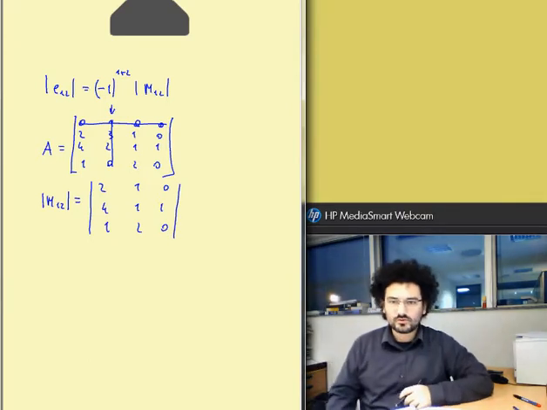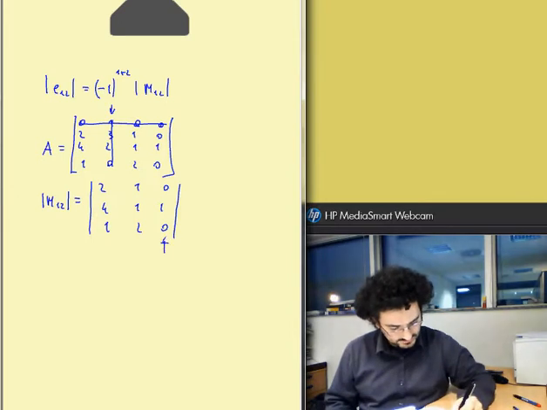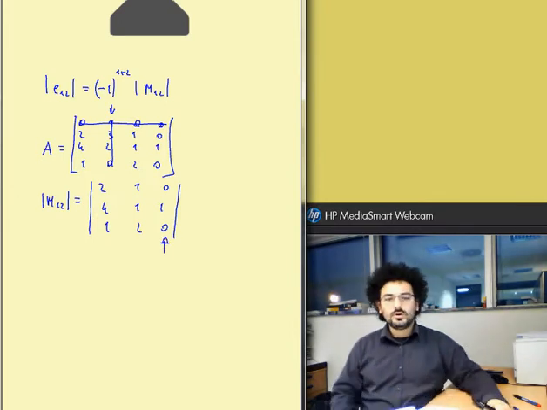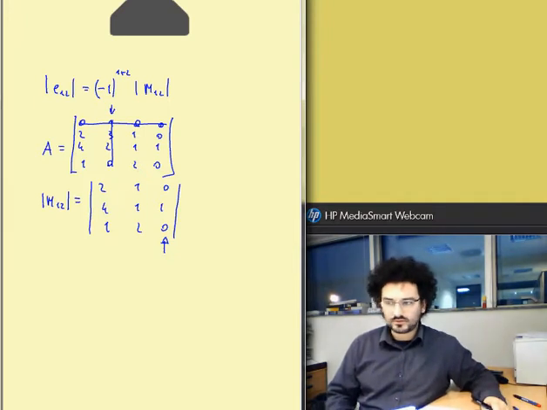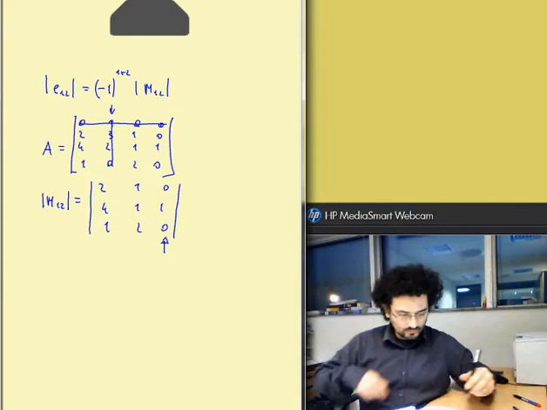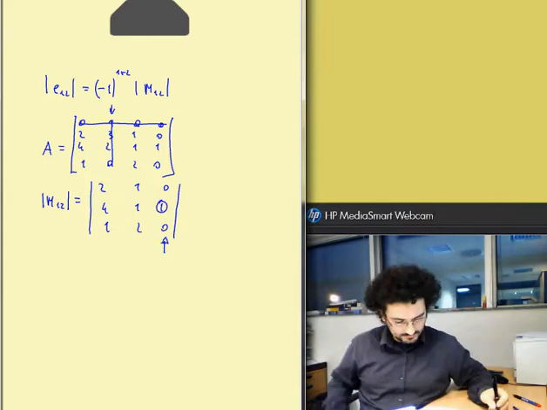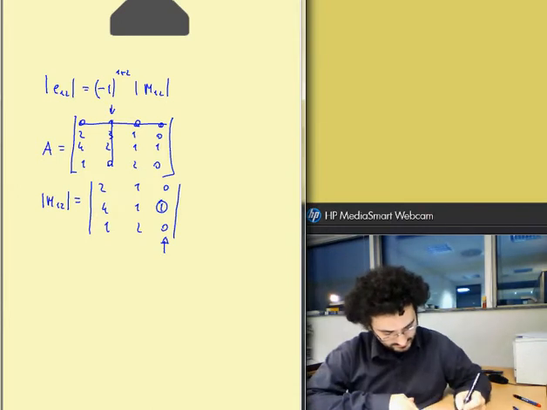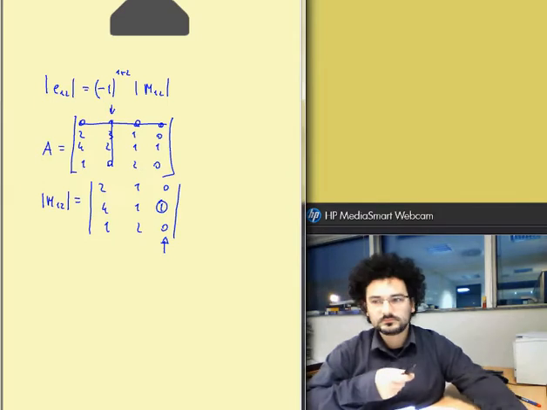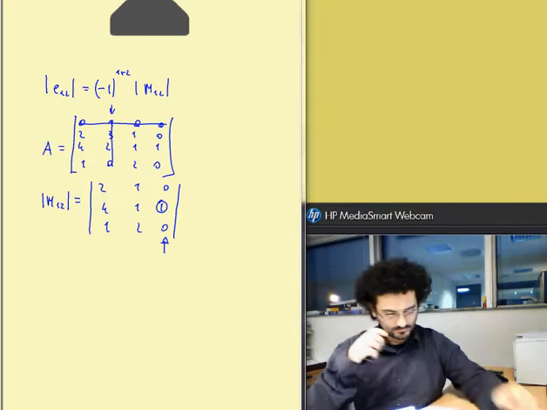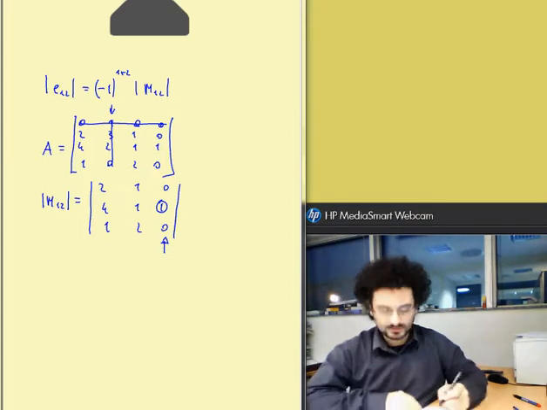So we need to compute this determinant. Again, we can choose the last column in order to apply the Laplace expansion for computing the determinant. We can choose this element, which is the only one other than 0, using the last column, the third column.